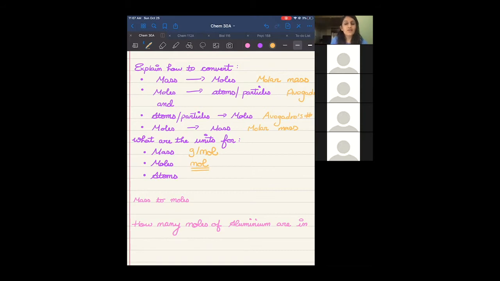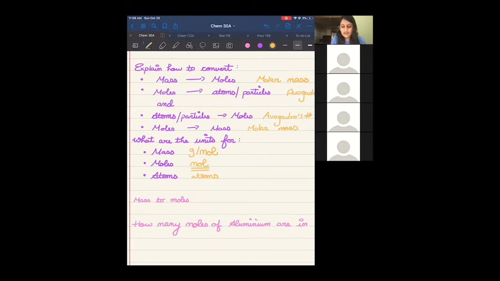The reason I'm asking this, it might seem redundant, is that in the past some students put mol for molecules as well. For molecule, we write the whole name, molecules. For moles, we just write mol. And for atoms, it's the same.